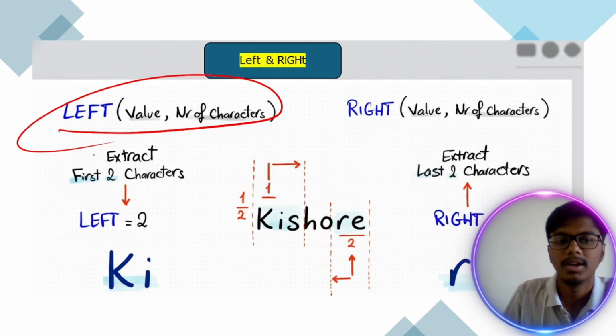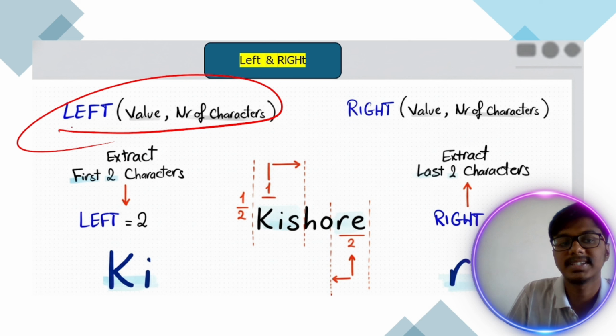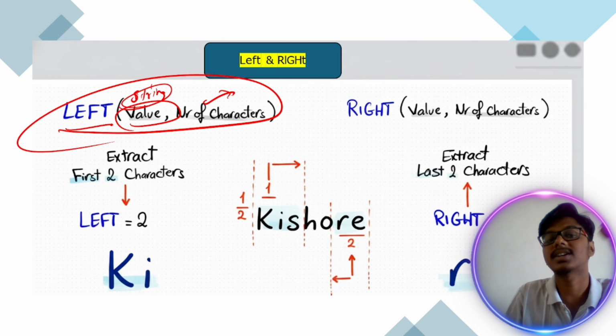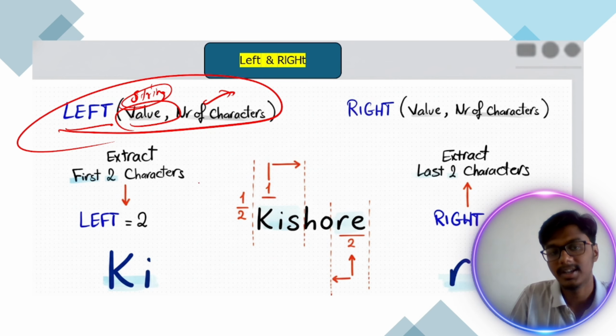We write the left function and then the value. Value means here the string; don't get confused about this. Here we specify which string we are going to extract from, and how many characters are going to be extracted. That's the left function syntax.